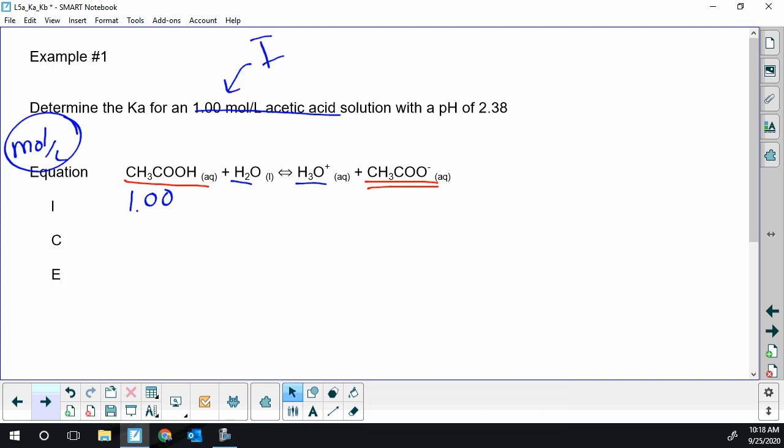Now, when we get to pH, or if you were given a pOH value, that would be fine, because you could turn pOH into pH. If you're given a pH value, that is always done at equilibrium. It's actually impossible to get a pH value initially. Acid-base reactions are so fast, there's no way you could take a pH measurement before this reaction has occurred.